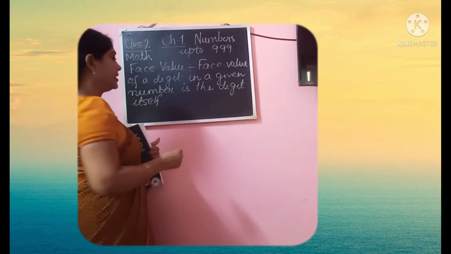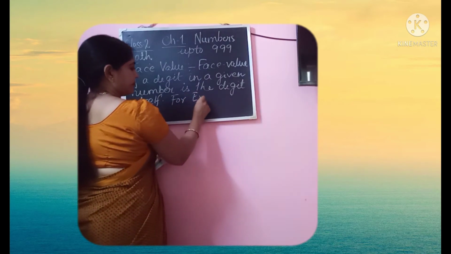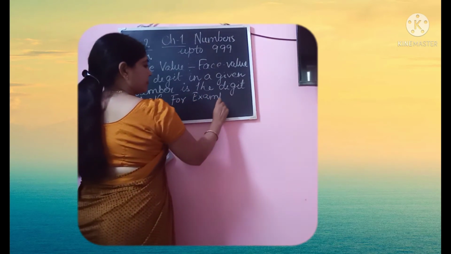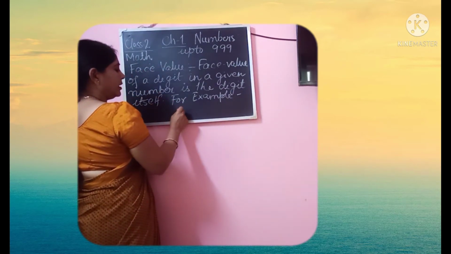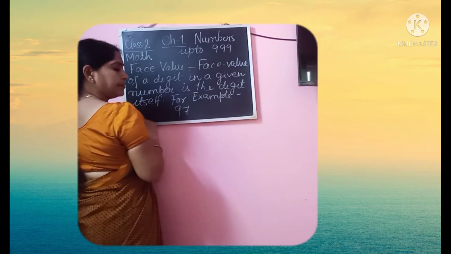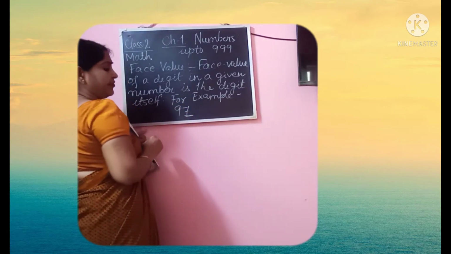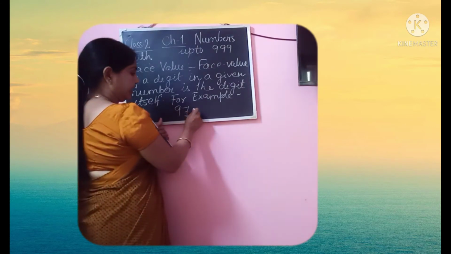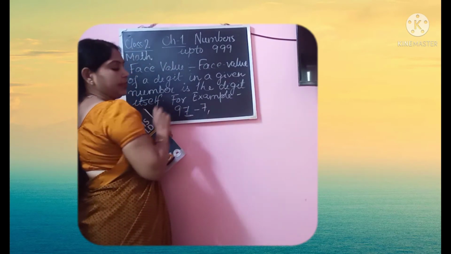What is the meaning of this? Say for example, say I have taken a number 97. Okay. What is the face value of 7? The underlined one. The face value of 7 is 7 only.